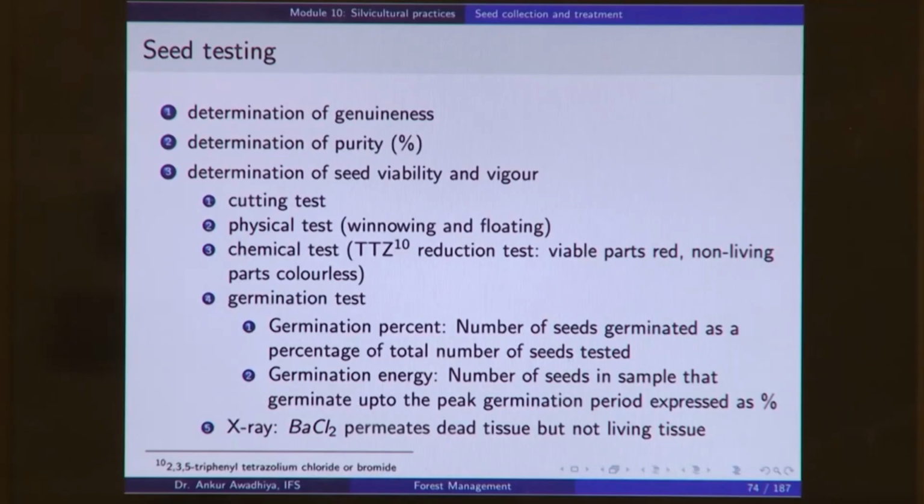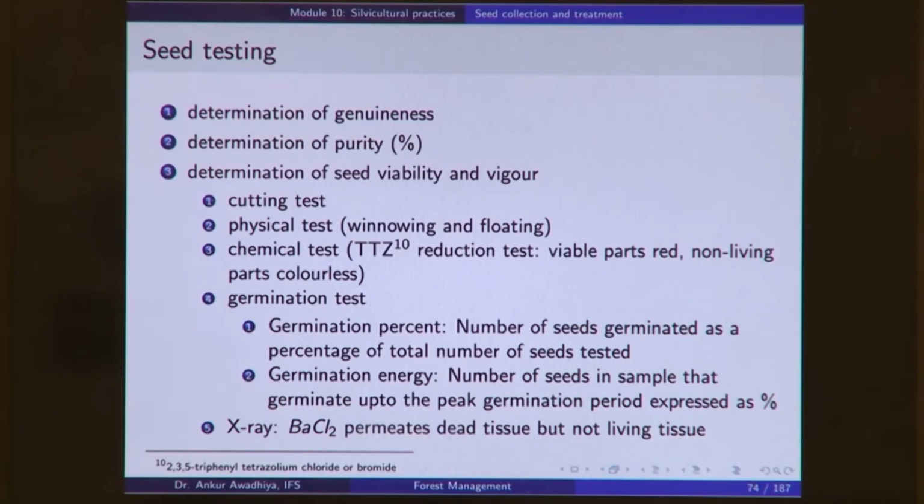Now, in the case of seed testing, typically we want to know these criteria. What is the genuineness of these seeds? So, if I get a packet and this packet says that these are seeds of a particular bamboo variety such as Dendrocalamus strictus, but then there is a possibility that the seller who was selling these seeds in place of Dendrocalamus strictus has given me some other species bamboo seeds such as say Bambusa bambos.